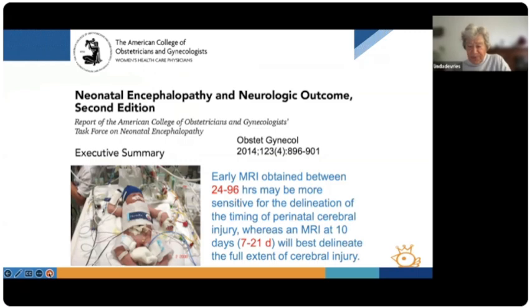The first one you should perform early, between day 1 and 4, and doing it this early will also help you to time the onset of the injury, and then repeat it between day 10 and 21. But I find this quite difficult, because if you do it very early, on day 1 or day 2, you will not see the maximum extent of the injury.